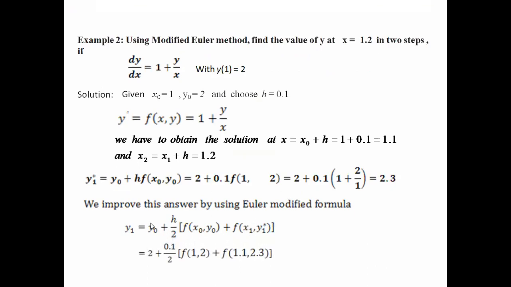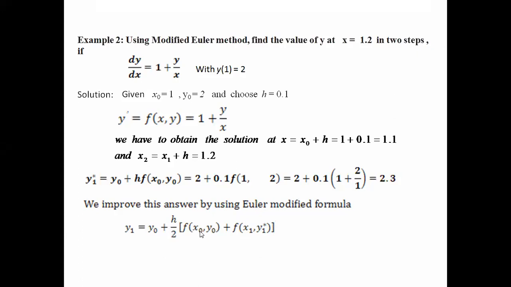So here is written the Euler modified formula. This one, y1 is equal to y0 plus h by 2 into f of x0 y0 plus f of x1 y1 star. This is actually Euler's modified formula to improve the answer. Here, what Runge and Kutta have done is, instead of writing this, they gave a symbol for it.